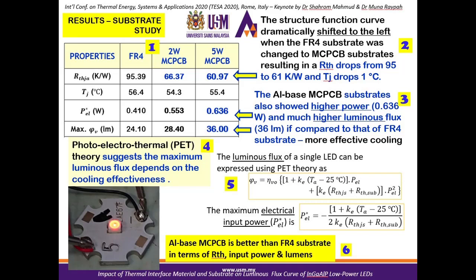The best performance is shown by the aluminum 5 watt metal core PCB sample, whereby we have the lowest thermal resistance, RTH, of just 60.97 Kelvin per watt, that produces a drop of junction temperature of just 1 degree.